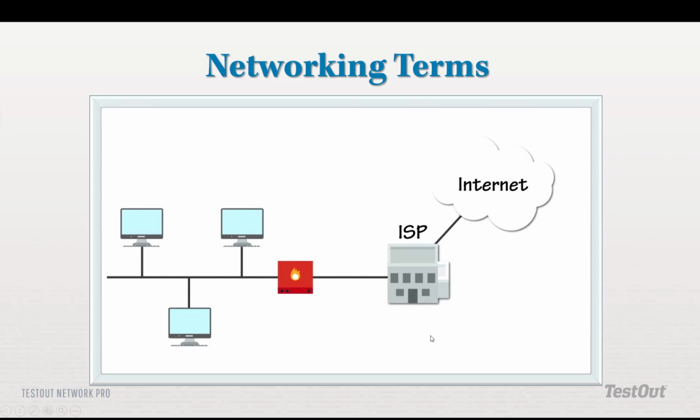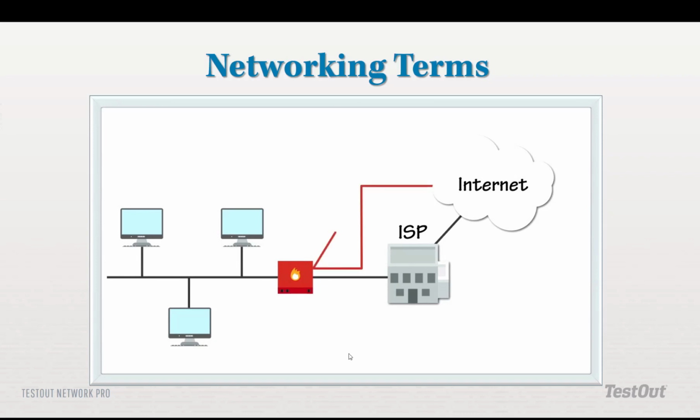This is something that you're very familiar with. You go out to the internet. If you're in a business environment or you have Comcast, Xfinity, AT&T or whatever, you're going to go through some kind of router that usually will be a firewall. So the firewall is going to do two things. It's going to stop people from accessing bad sites from the inside, depending how you have it set up. But more important, it's going to block people from the outside from hacking into your network.